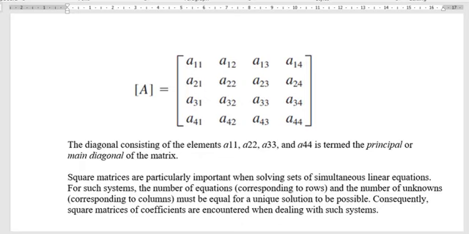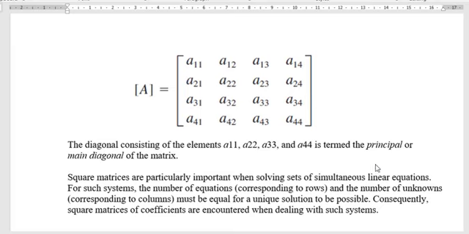For such systems, the number of equations, corresponding to rows, and the number of unknowns, corresponding to columns, must be equal for a unique solution to be possible. Consequently, square matrices of coefficients are encountered when dealing with such systems.